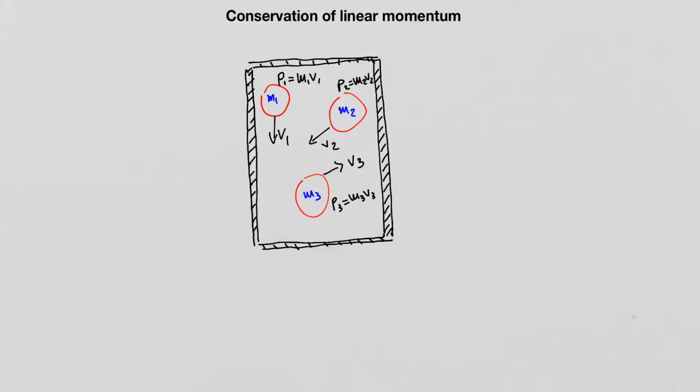And so the collection of those molecules is my system. The container itself is not part of the system. Furthermore, I'm going to consider my system of 3 molecules isolated from the surroundings, meaning, as I said, the molecules do not interact with the walls. Imagine that they do not collide with the walls.